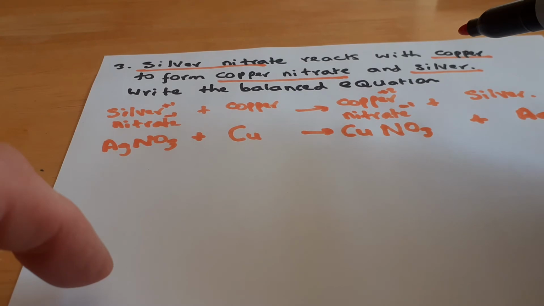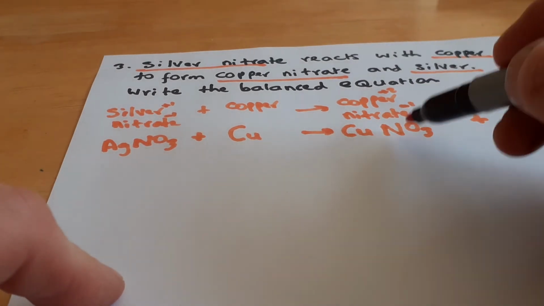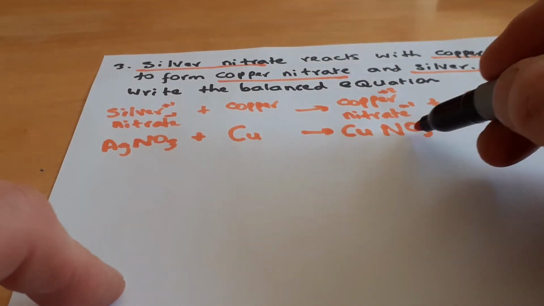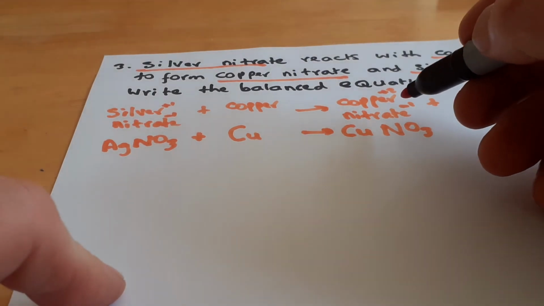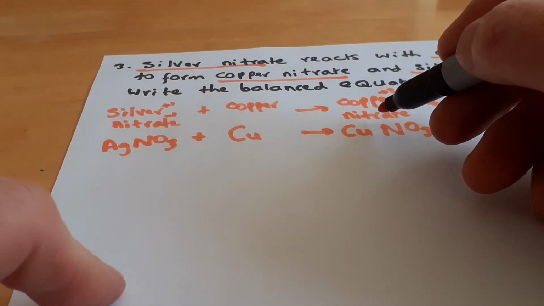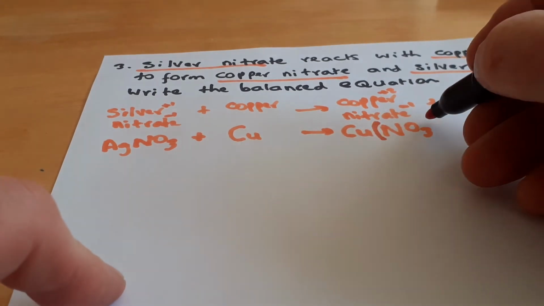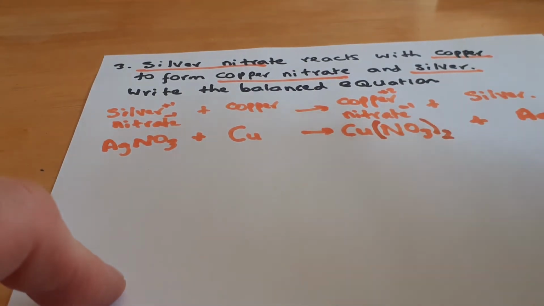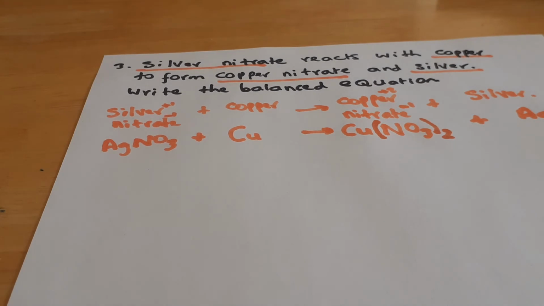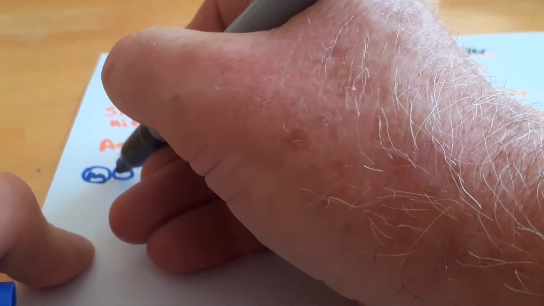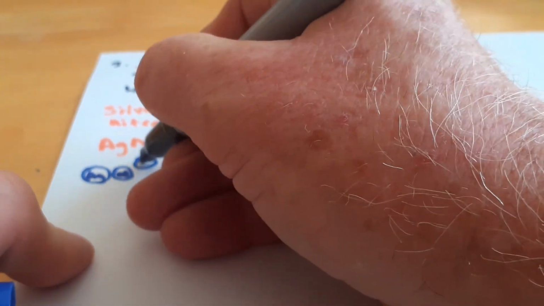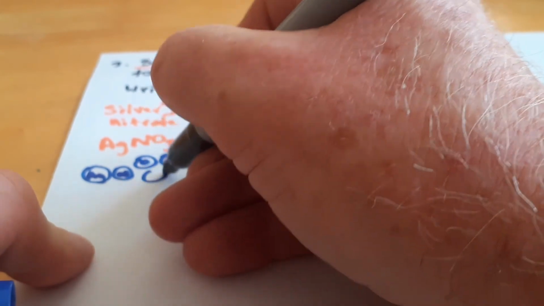Now, if you remember from your formulas, when an ion is made up of more than one atom, and it occurs more than once, it has to be put in a bracket, and that 2 outside the bracket. So let's look at the balancing. So we've got silver, Ag, NO3.